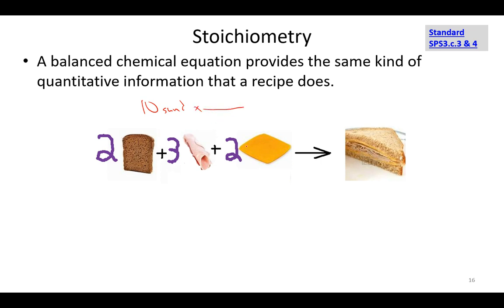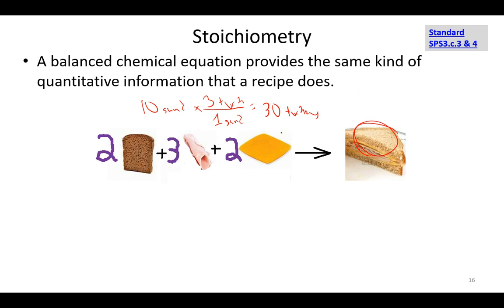Well, my equation here tells me that for one sandwich, I need 3 pieces of turkey. So I know that I need to buy a total of 30 pieces of turkey to make my sandwiches.